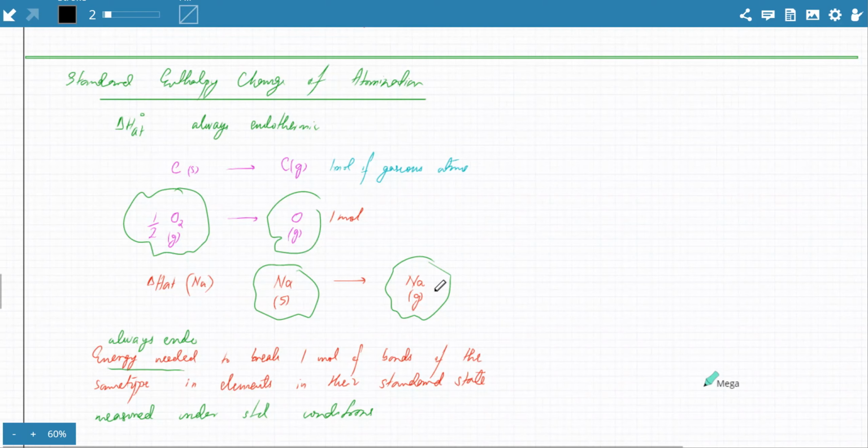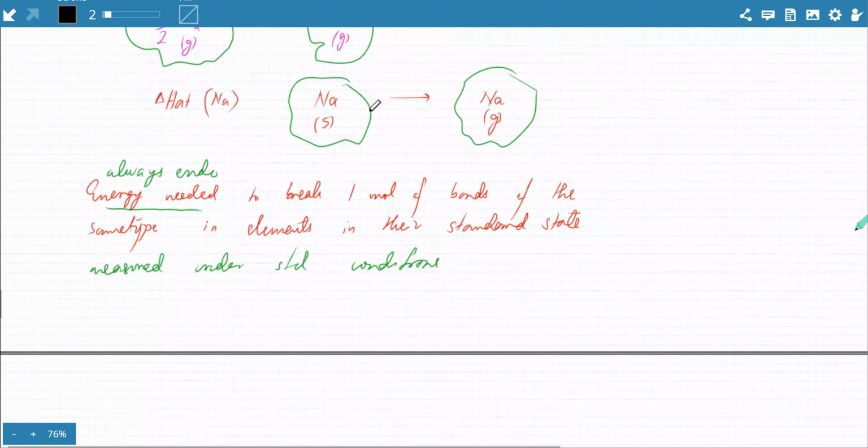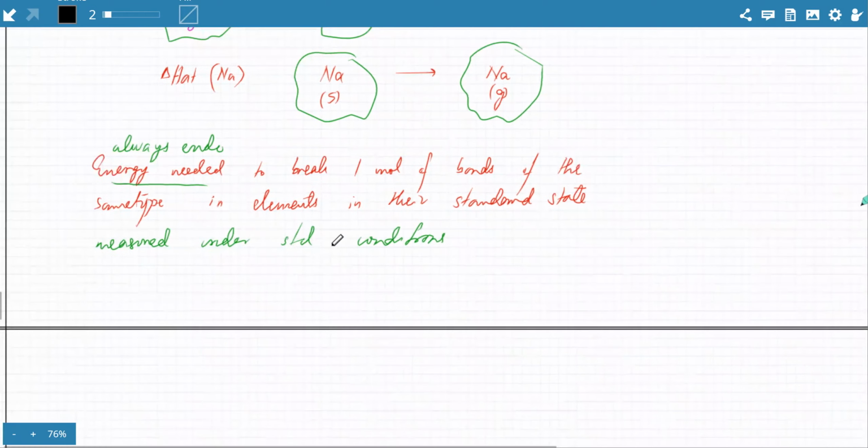You're making sodium gaseous atoms from sodium, so you're breaking bonds. You're making chlorine atoms. You're making carbon atoms from carbon, which is solid at room temperature, so you're breaking bonds. It's always going to be endothermic, because you're always breaking bonds.